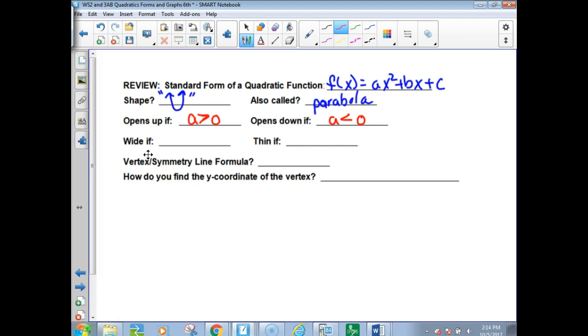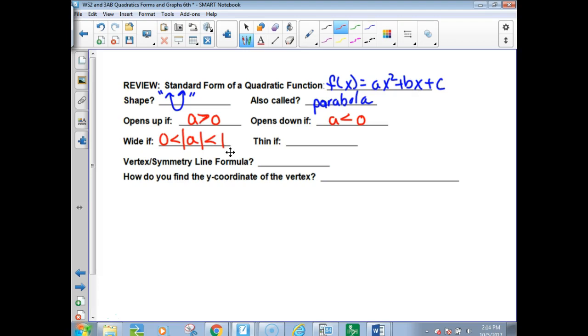Wide, now that's the difference. If it's wide, that's when it's fat, and that's if a is between something. So if the absolute value of a is between 0 and 1, like a fraction.